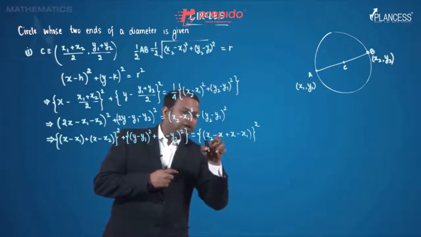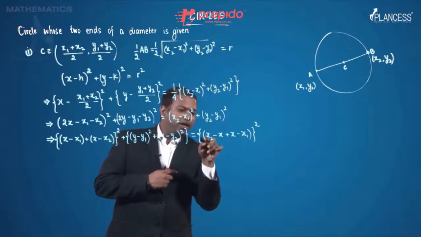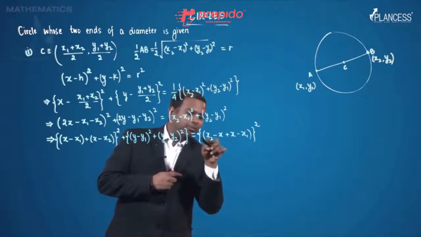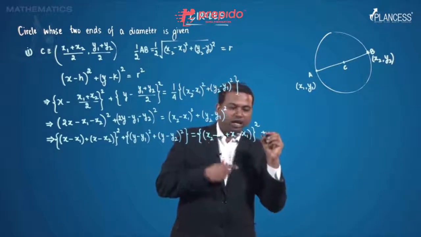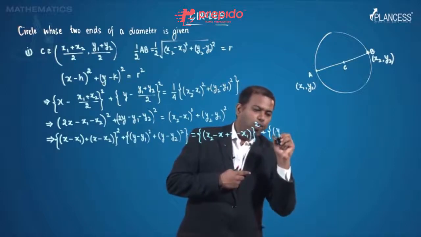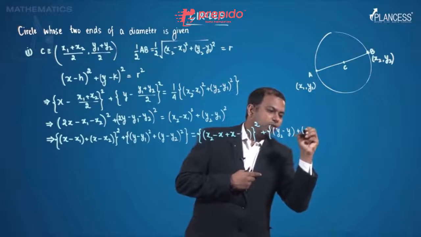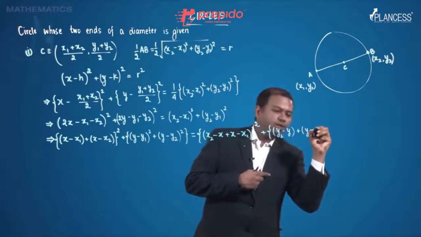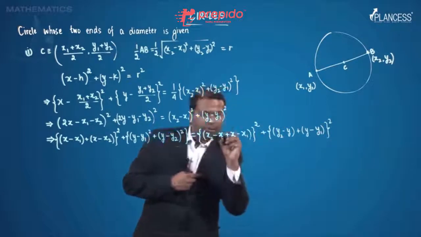The idea is that minus x plus x cancels itself and what we have is nothing but x2 minus x1. And then for the last remaining term we have again y2 minus y plus y minus y1 whole square. Let me put a bracket here.